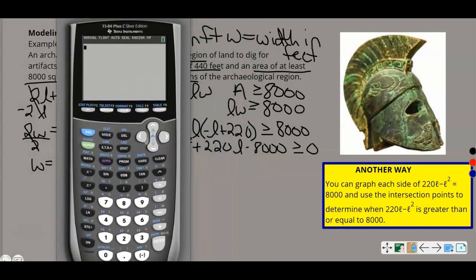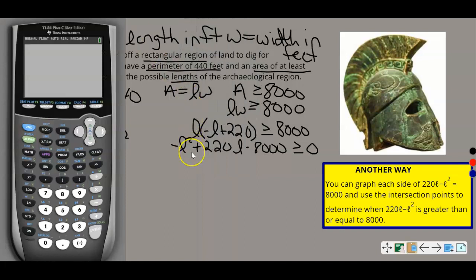Let's take our graphing calculator. This is in terms of L, but it can be any variable. It represents length because we're solving for length, but for our calculator purposes, we can just use X. So if we go to Y equals, we have negative X squared plus 220X minus 8,000.